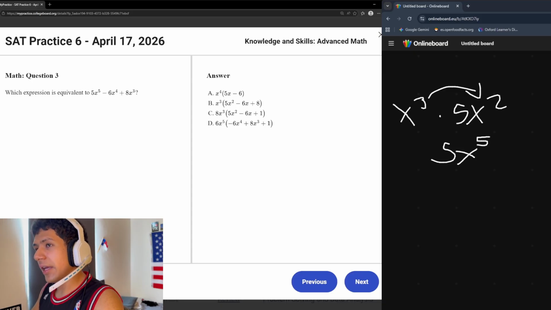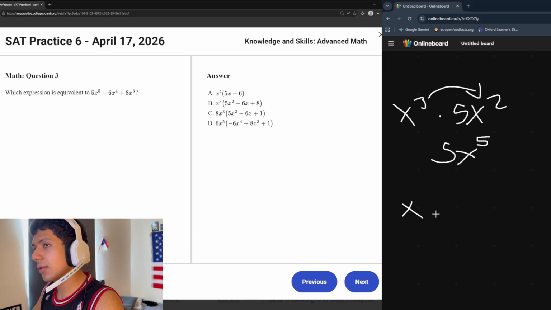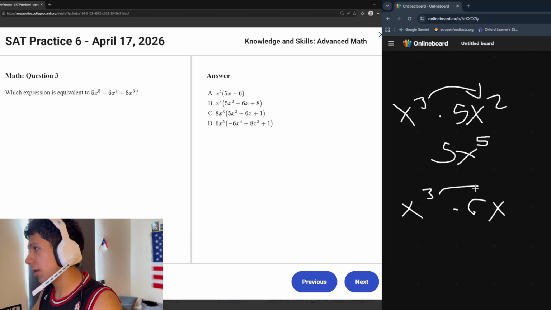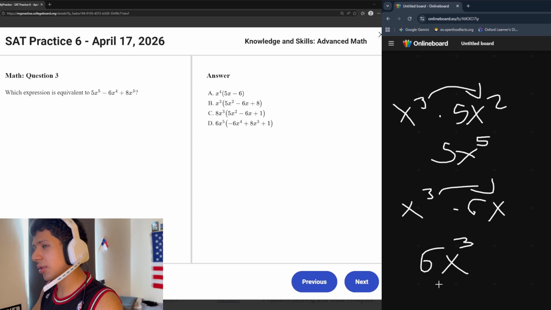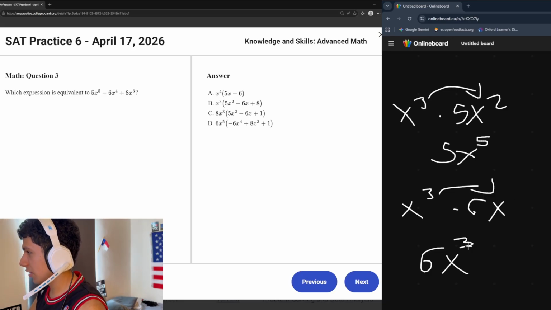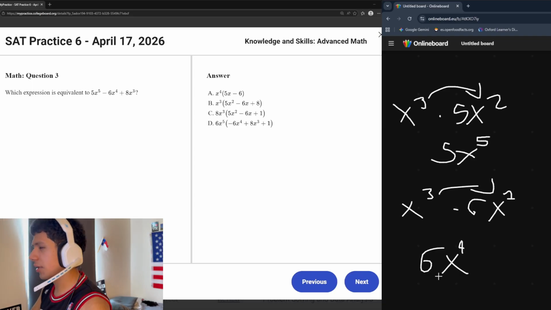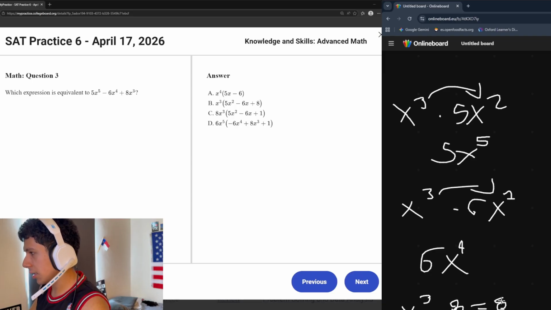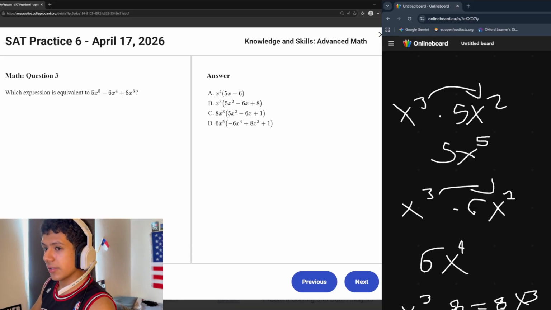And then x cubed times 6x will stay as 6x, but it will add the exponent. It already has a 1 here, so 1 plus 3 is 4, giving 6x^4. And then 8x cubed times 8 will give you just 8x cubed because it doesn't have any x. So option B is correct.